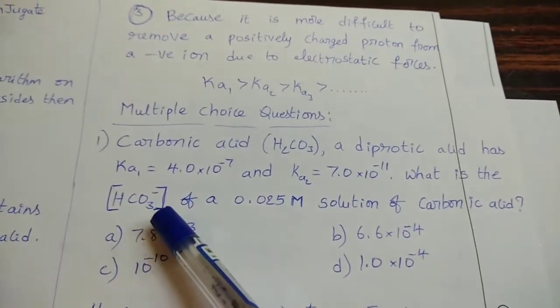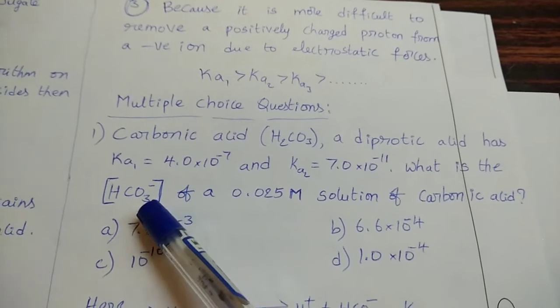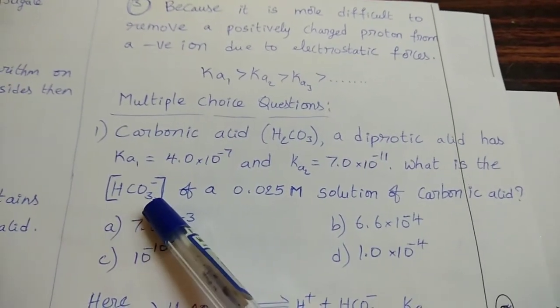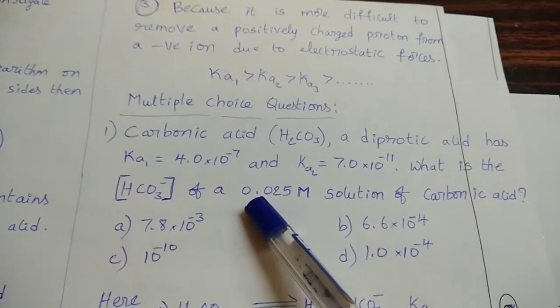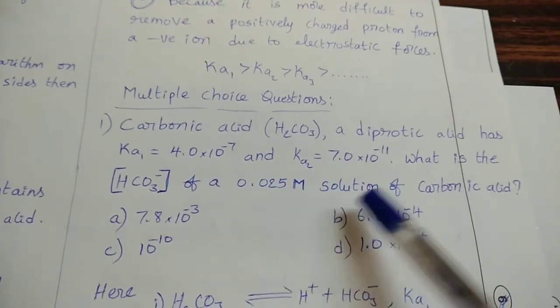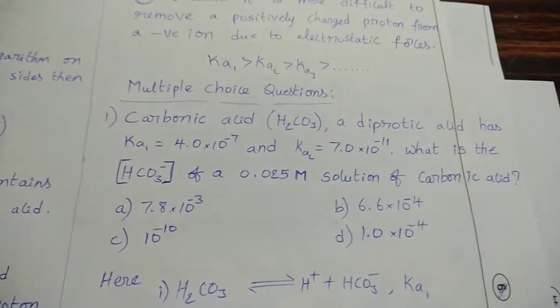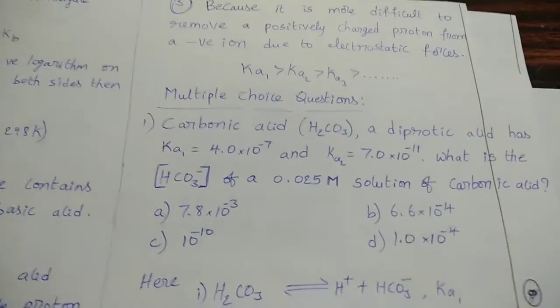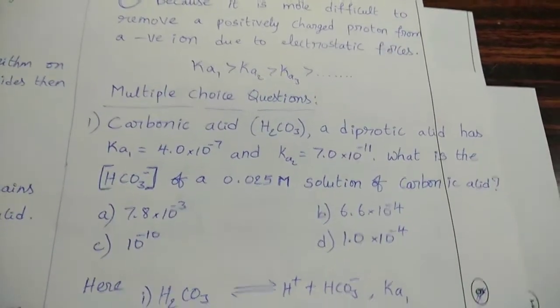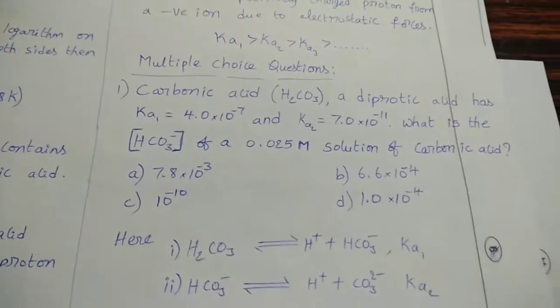What is the concentration of HCO3 minus in a 0.025 molar solution of carbonic acid? Already we know that H2CO3 is a weak acid, so it undergoes a small extent of ionization.